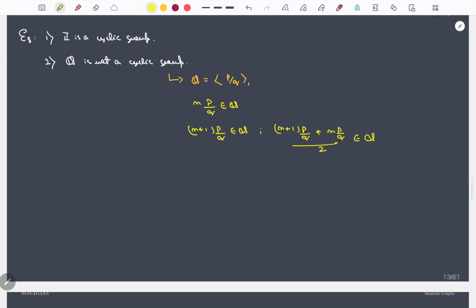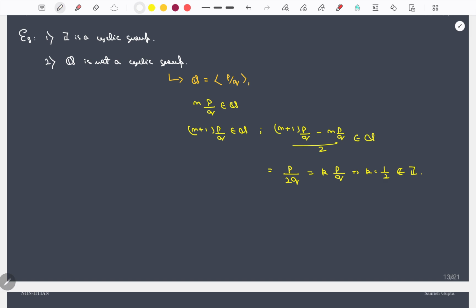This also must be in Q. So what is this basically? Rather, I can take minus here, so it's just p by 2q. But if it's of the form some k times p over q, what does that mean? That means k must be equal to 1 over 2, but it's not an integer, right? Clear? So not every element in Q is a multiple of p over q, hence it cannot be cyclic.